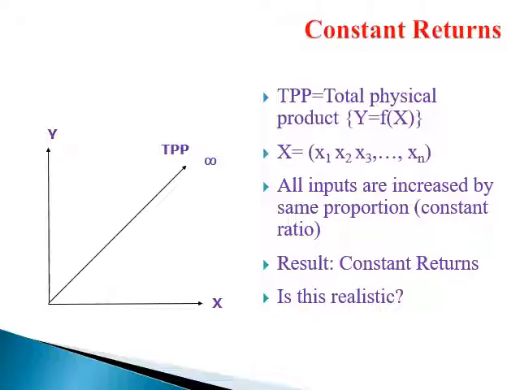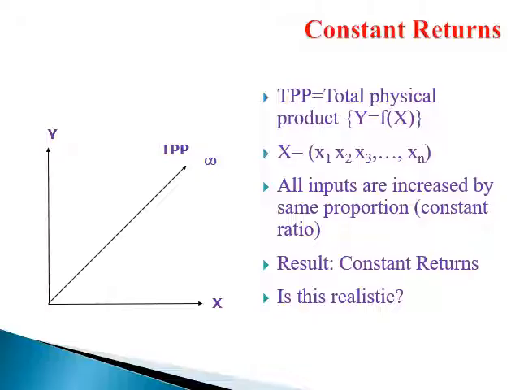According to that graph that you see on this slide, you can produce an infinite amount of output as long as you are using an infinite amount of inputs. And we know that in reality this is impossible, because if things were like that, then the world would have no problem at all, and we would never experience hunger or famine, because you would just use more inputs and get more output.